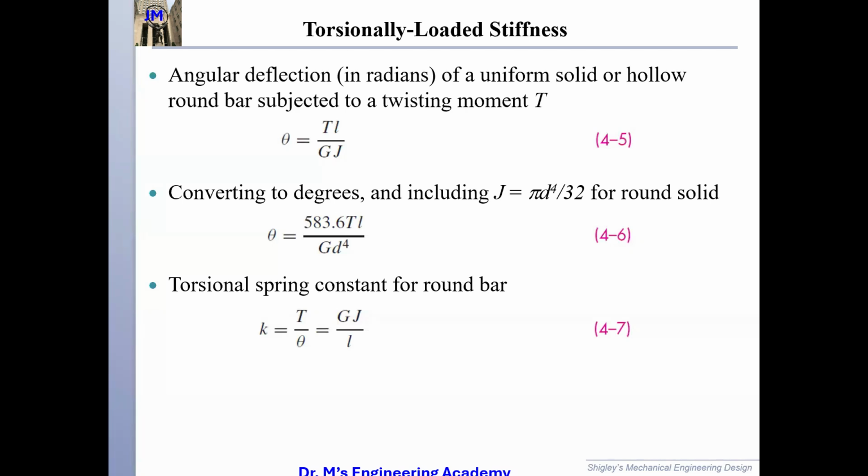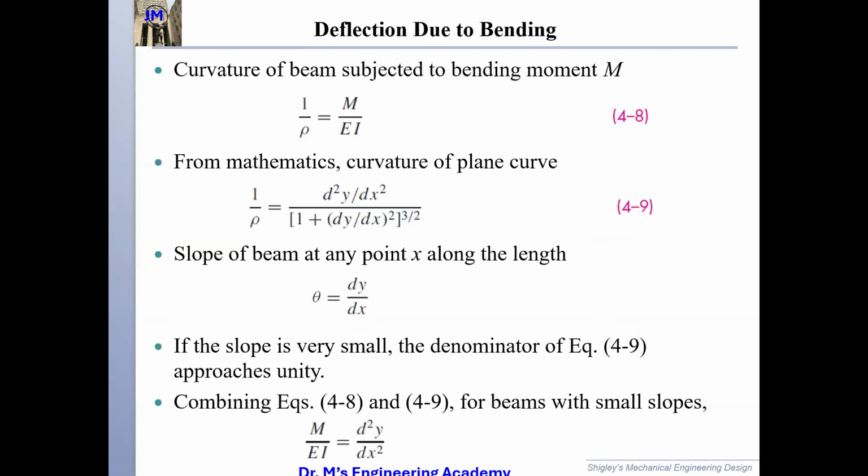Questions? No question? So, bending. For the bending, this M is a bending moment. The rho is the curvature of the beam, and E is Young's modulus, I is the moment of inertia. From mathematics, the curvature of the plane beam equals this equation, 1 over rho equals d2y over dx2, where y is the deflection.